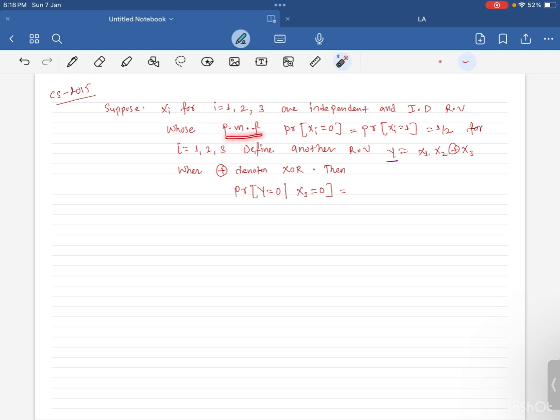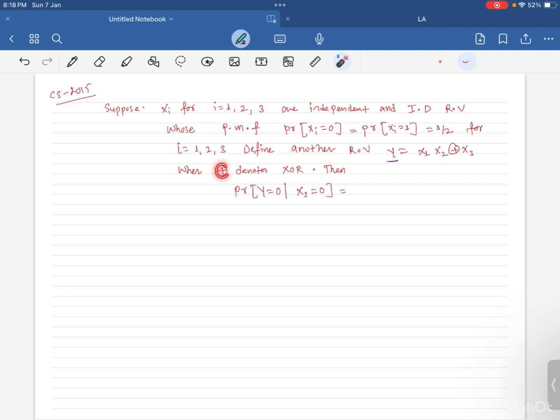Whose probability mass function is given for each random variable. The probability that Xi equals 0 is equal to the probability that Xi equals 1, both are equally likely, or 1 by 2, for i equals 1 to 3. Define another random variable Y, which is X1 times X2 XOR X3, right?